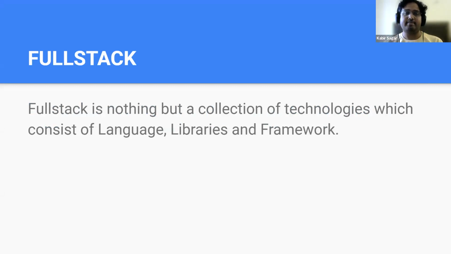Those technologies can be languages, libraries, or frameworks. At this point of time, you won't understand the meaning of framework, library, or language, so just forget about that. Currently, just try to understand that full stack is nothing but a collection of some technologies. What those technologies are, we will explore. Is it clear, guys? Full stack is nothing but a collection of technologies.